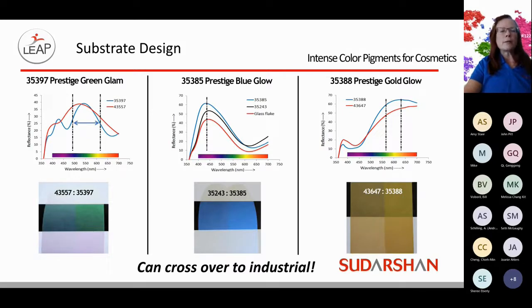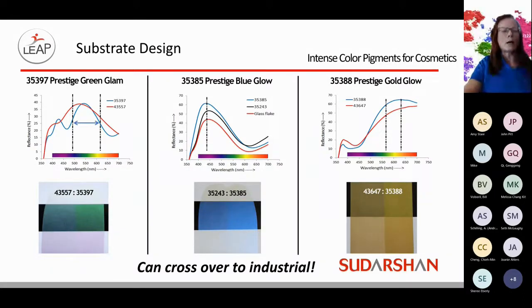And here we've spent a lot of time taking a look at the substrate design. In this particular case, all of these examples are using a natural mica as a substrate, but we've created a process where we have been able to increase the chroma to equal that of synthetic micas.